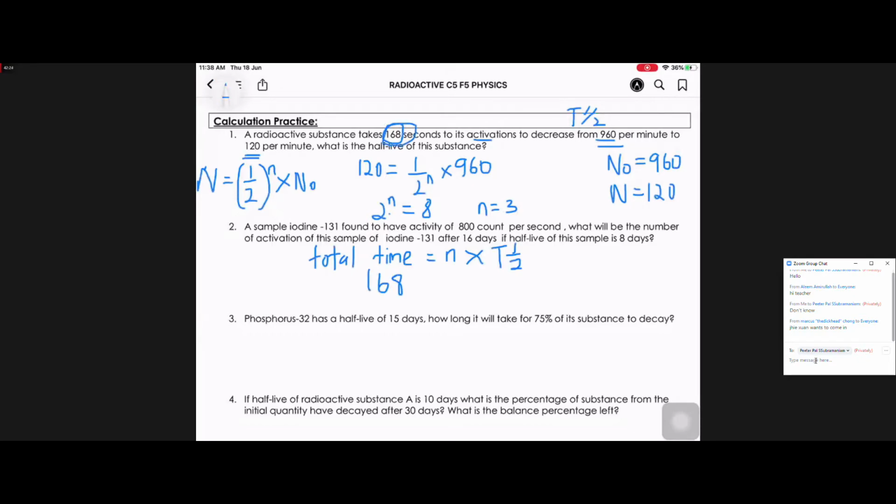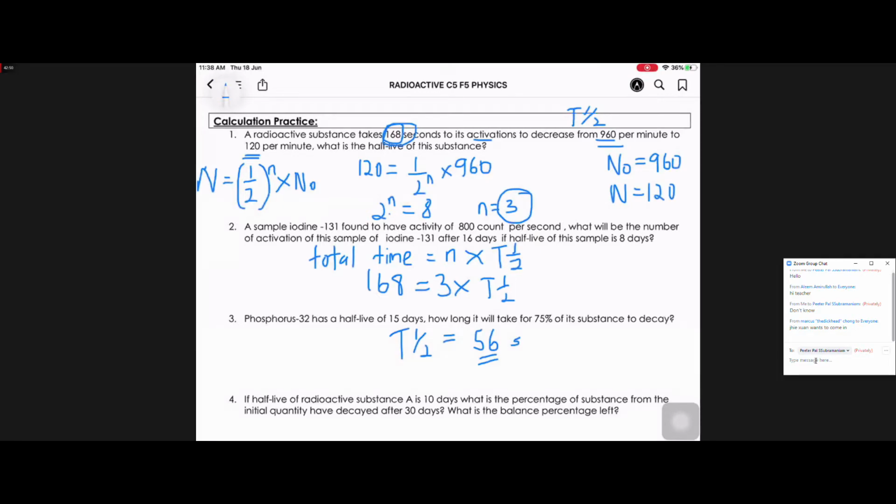The number of times the half-life occurred is 3. So the time of half-life equals 168 divided by 3, which is 56 seconds. 56 seconds. All copy already?